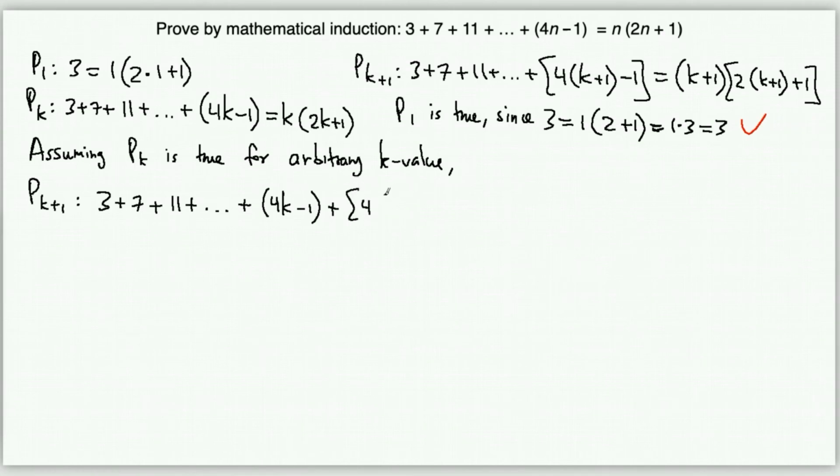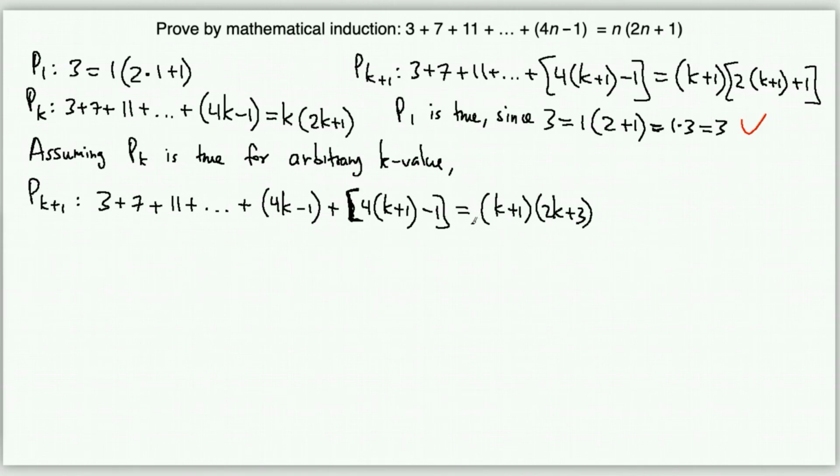So 4 times, I do not want to make this like a summation sign, 4 times k plus 1 minus 1 is equal to this, right? So let's simplify this as much as possible to k plus 1, and this is going to be 2k plus 3.